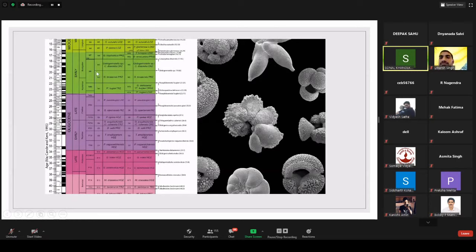So these are different planktic foraminifera zones. And as a biostratigrapher, if you want to pursue this career, you would have to know the different kinds of forams, their taxonomy, and when they evolved and when they went extinct.